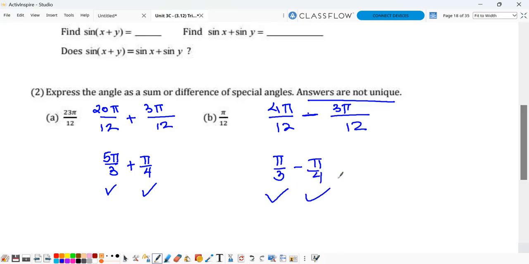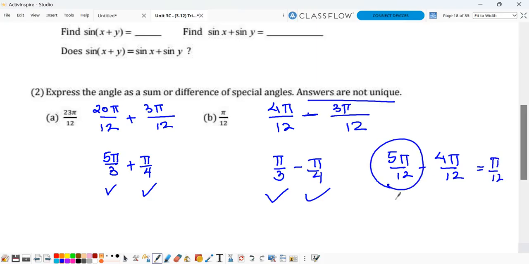Do we have these angles on the unit circle? Yes. Some student says, can I write 5 pi over 12 minus 4 pi over 12? You would get pi over 12, yes. But is 5 pi over 12 on the unit circle? No. So you can't. You have to use special angles. Special angles means angles on the unit circle.